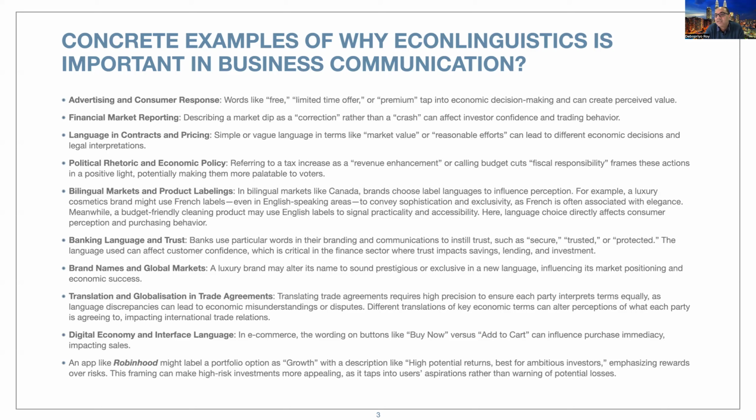So these kinds of things can happen all the time. There are many other examples also, but these are examples of where things can go south if econ linguistics fails, if it's misinterpreted.